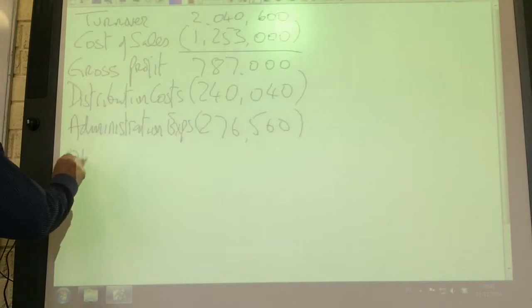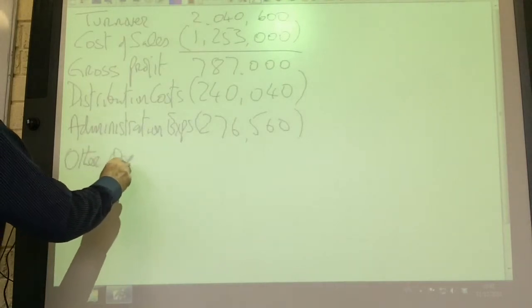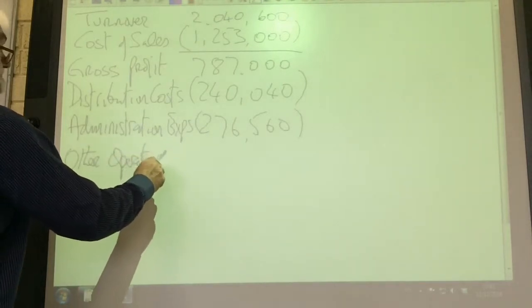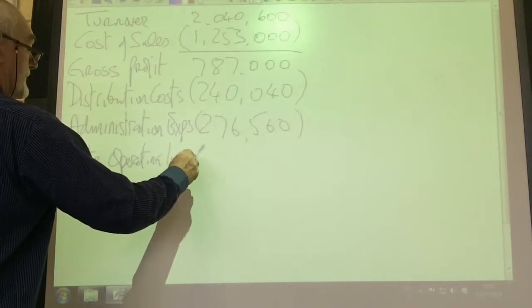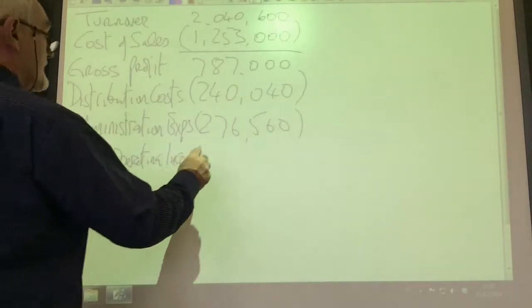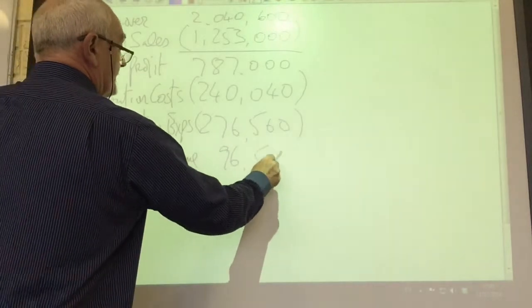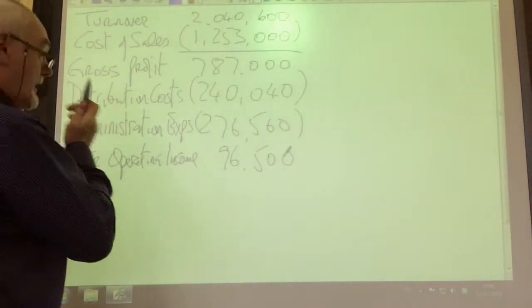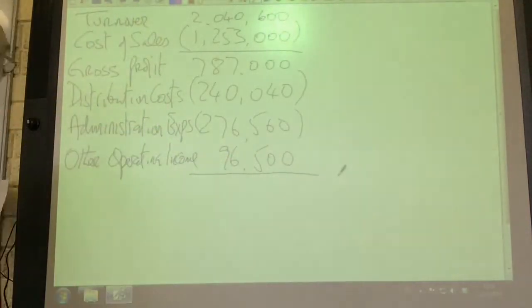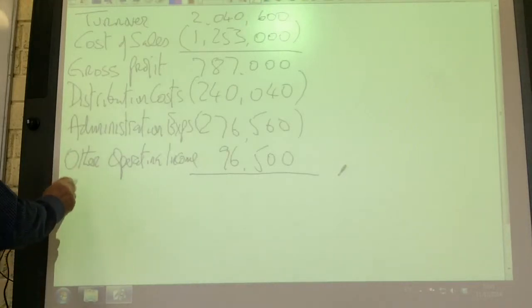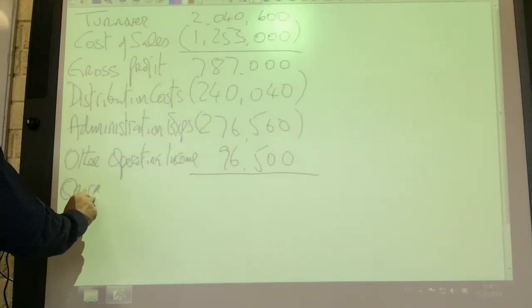Then we had other operating income, $96,500. That was made up of rental income and royalties on payments and discounts received. So that brought us down into operating profit.